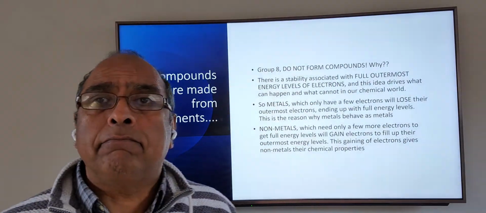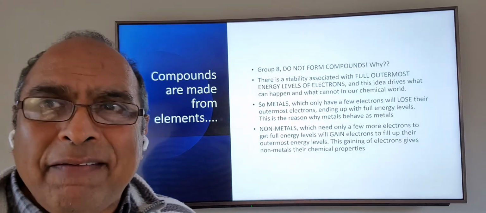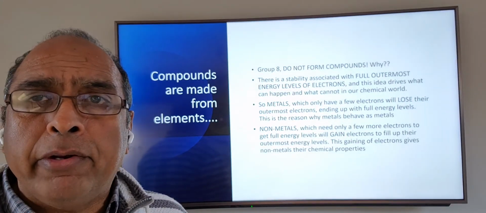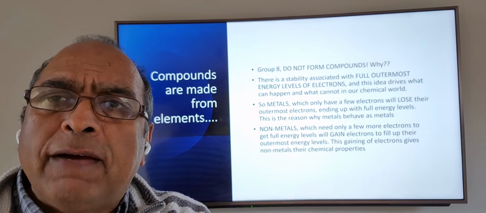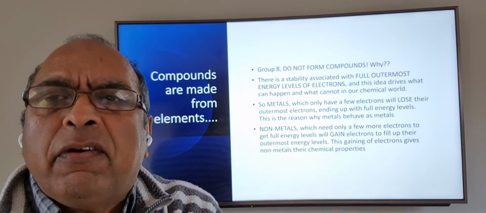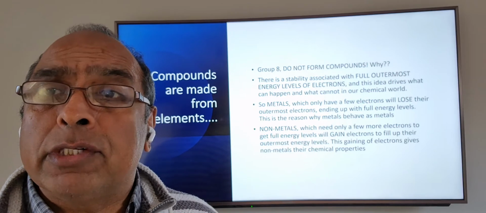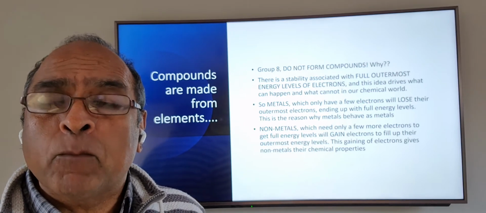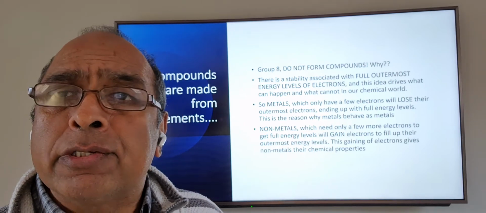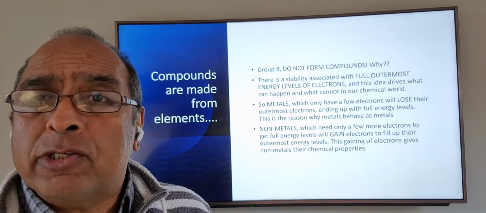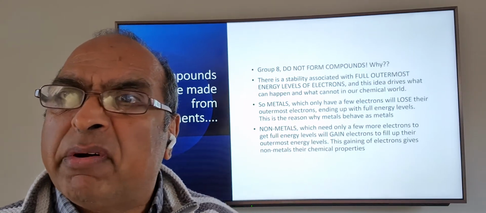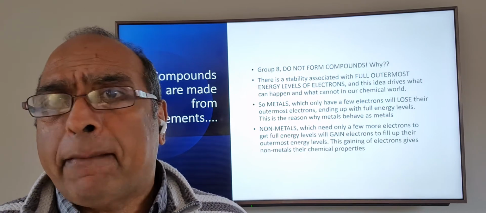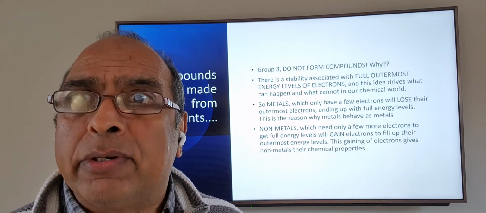Metals, right now, metals. Metals are on the left-hand side of the periodic table. So metals just have 1, 2, 3, just a few electrons in the outermost energy level. Now, how can metals get a full outermost energy level? Well, some people might argue they need to gain electrons. Like sodium might gain 7 electrons.